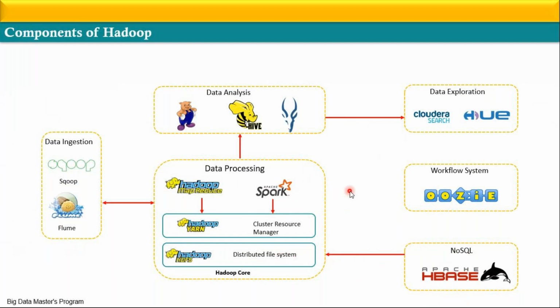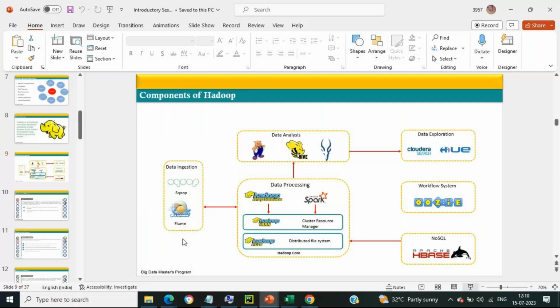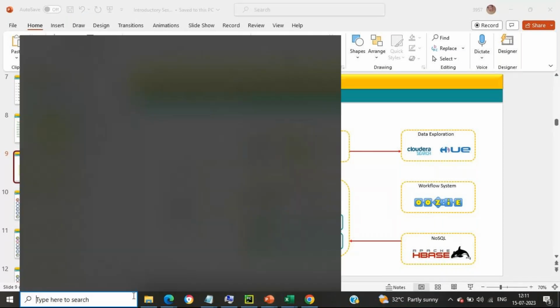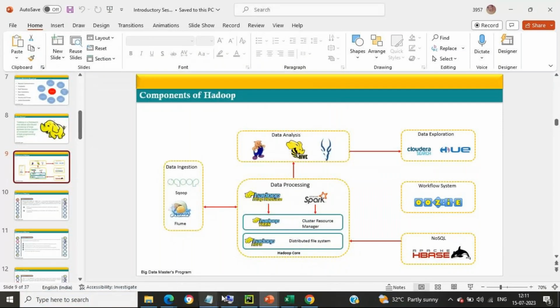Just have a look at this diagram. These are the components that we need to learn from the Hadoop perspective. And I have shown them because you just need to do the installation with respect to these particular components.